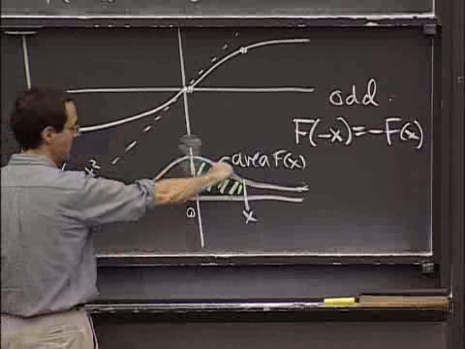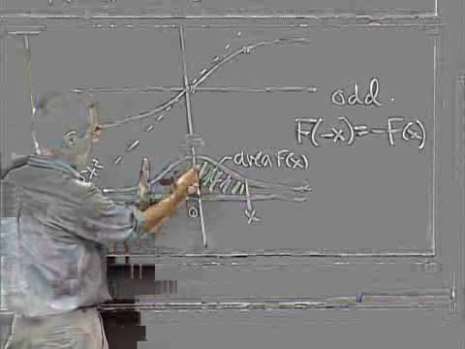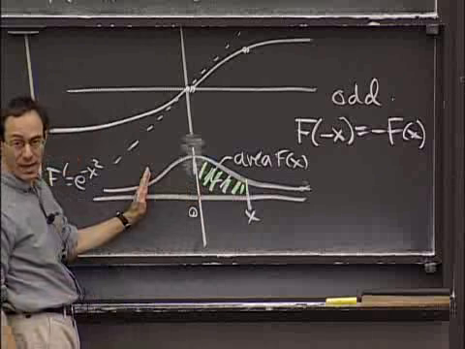The graph here is even, so in other words, what's back here is exactly the same as what's forward. But now there's a reversal because we're keeping track of the area starting from 0 going forward. That's positive. If we go backwards, it's counted negatively. So if we went backwards to minus x, we'd get exactly the same as that green patch over there. We'd get a red patch over here, but it would be counted negatively.